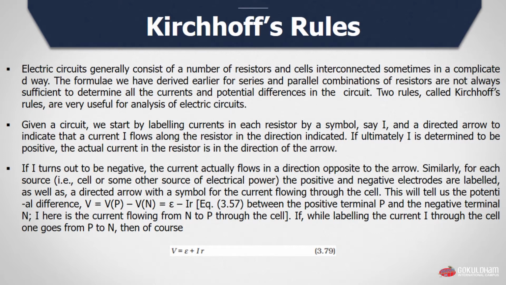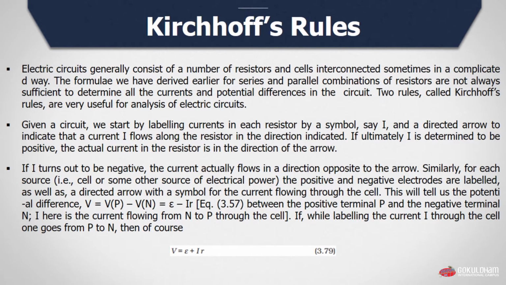Given a circuit, we start by labeling the current in each resistor by a symbol, say I, and a directed arrow to indicate that the current is flowing along the resistor in the indicated direction. If ultimately I is determined to be positive, the actual current in the resistor is in the direction of the arrow.